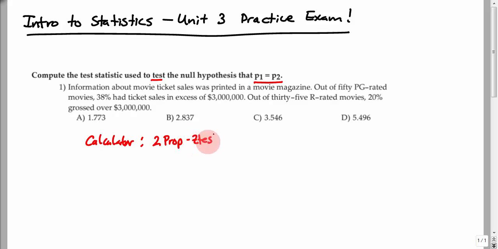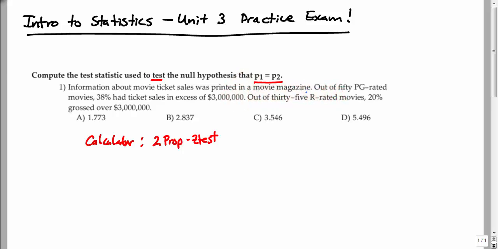Okay, so now that we know our calculator command, let's look at our numbers. When we have P1 and P2, down here they don't tell us if P1 is the G-rated or the R-rated, but usually the first one listed is P1 and the second one listed is P2.